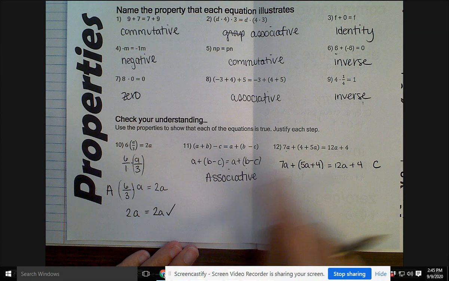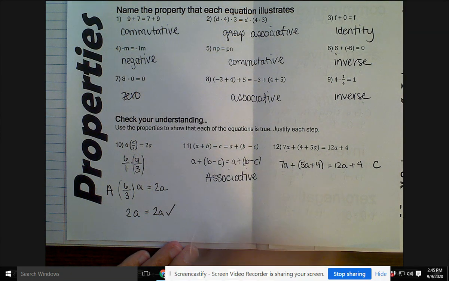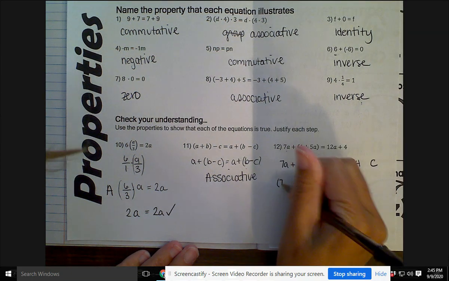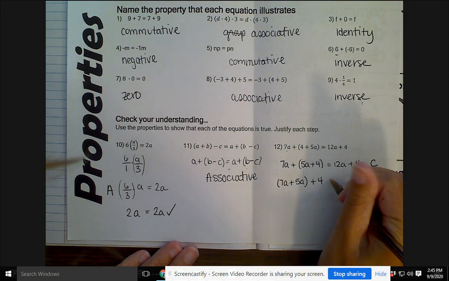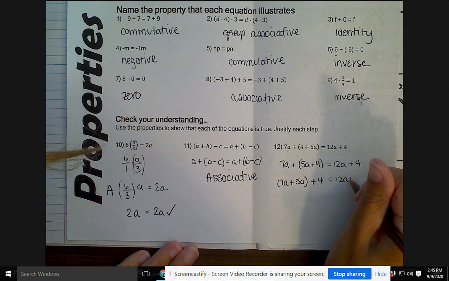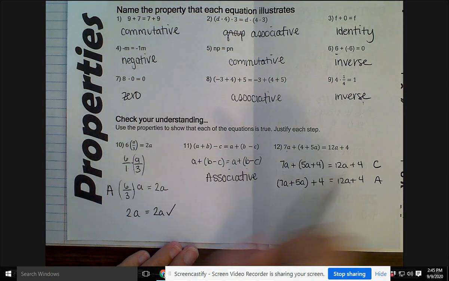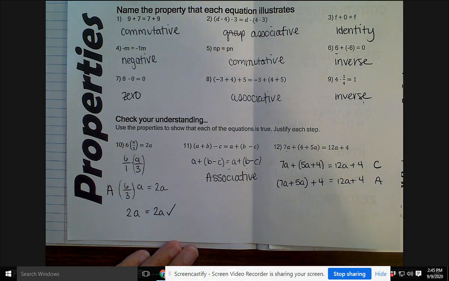And then if I regroup things that are alike together, so the 7a and the 5a get grouped up and not the 4, then I've used the associative property, which allows me to group different numbers together. So I changed what I was grouping.